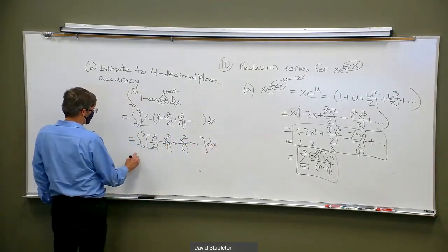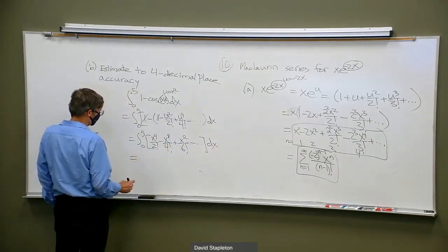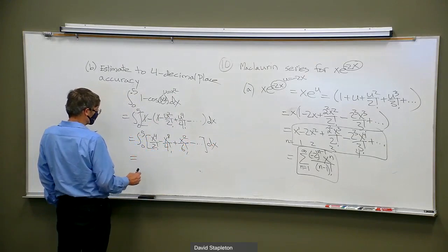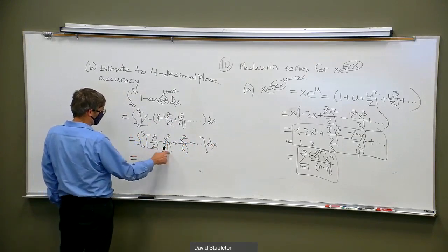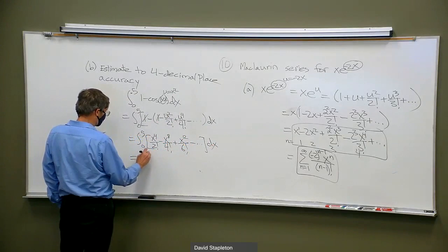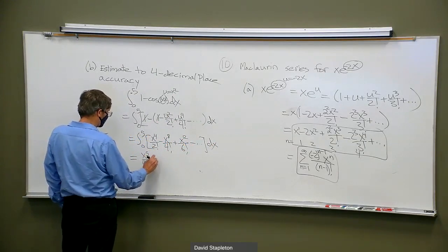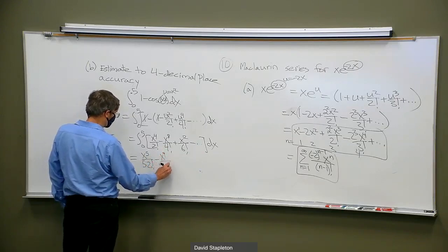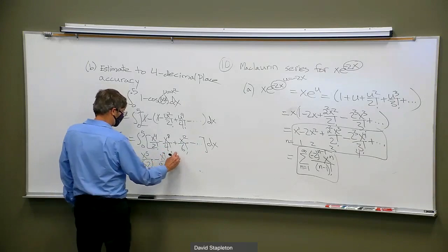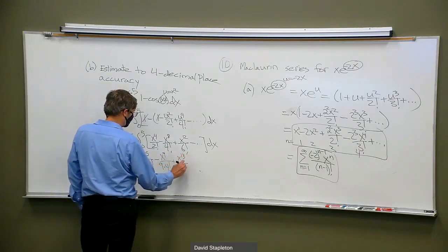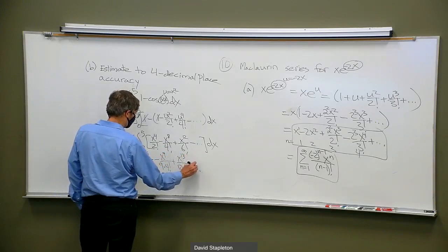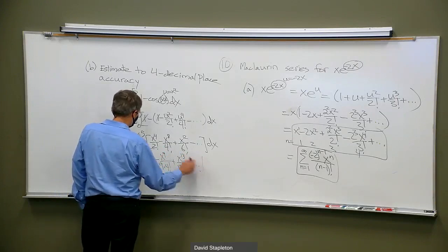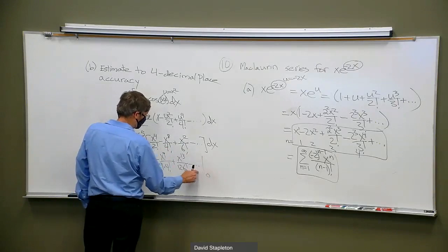And so the integral comes out to be, we integrate term by term, right? x to the 5th over 5 times 2 factorial minus x to the 9th over 9 times 4 factorial plus x to the 13th over 13 times 6 factorial, and so on. Plug in 0 and 0.5 and take the difference.